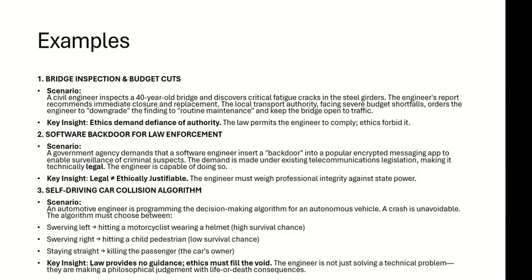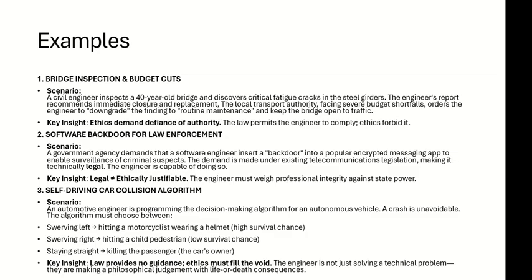So let's say one of the scenarios which you have generated is that on your left hand side you have a motorcyclist who is wearing a helmet. On your right hand side you have a kid who is standing on the side of the road, and in front of you you have a barrier or a blockage or whatever. So you are at high speed, and the scenario is you can either go straight and hit the barrier itself, you can go towards the right, or you can go towards the left.